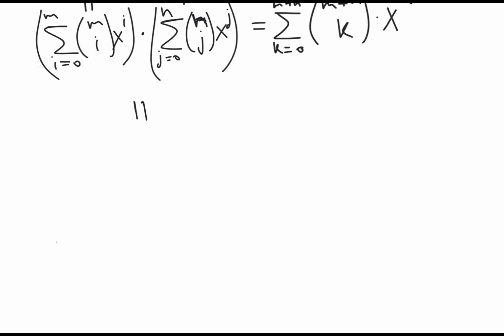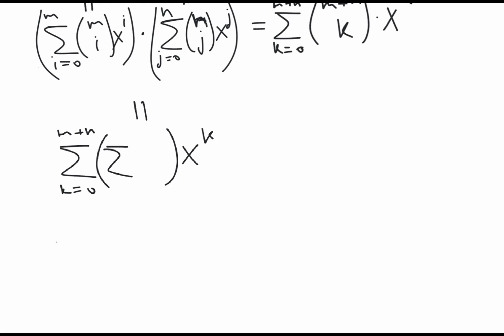So on the left hand side we have basically the sum for k from 0 to m plus n of x to the power k, and the coefficient in front of x to the power k is exactly the sum of this coefficient.